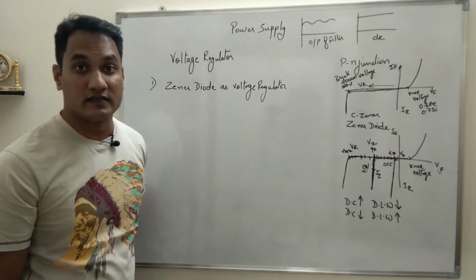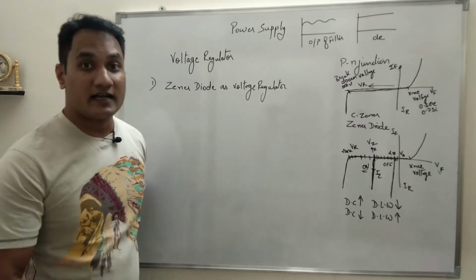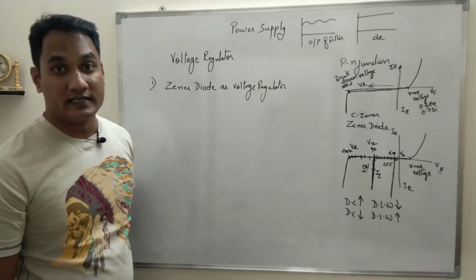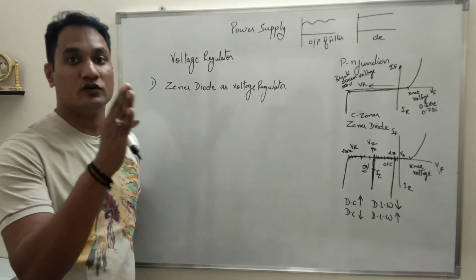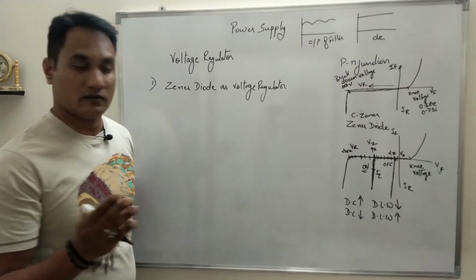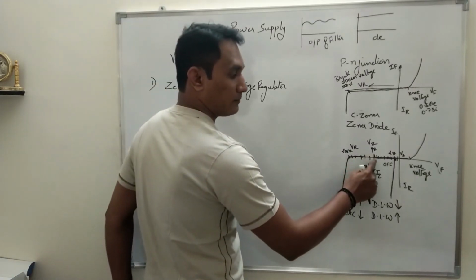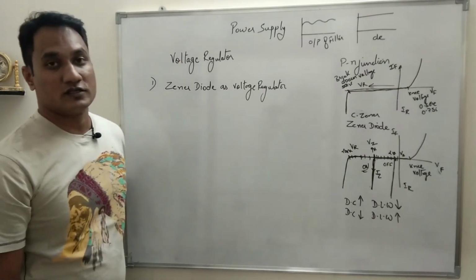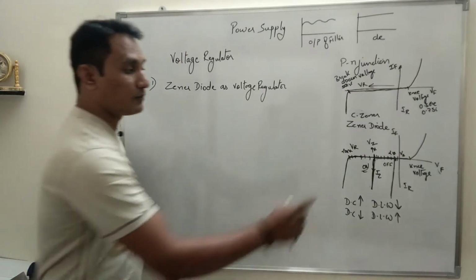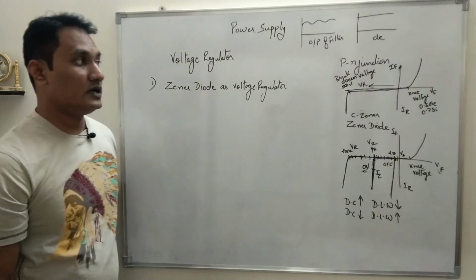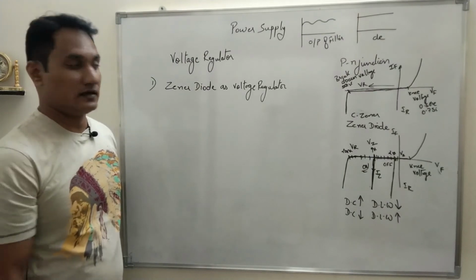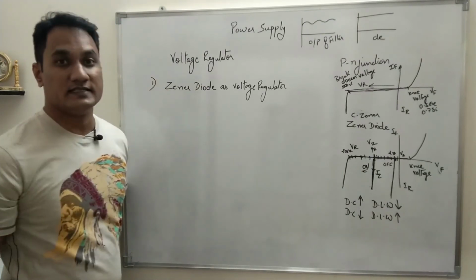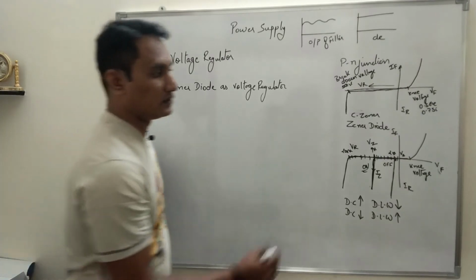The voltage will not increase, only the current through the Zener diode will increase once the breakdown happens. So this property of the Zener diode will be used to design the Zener diode as a voltage regulator.